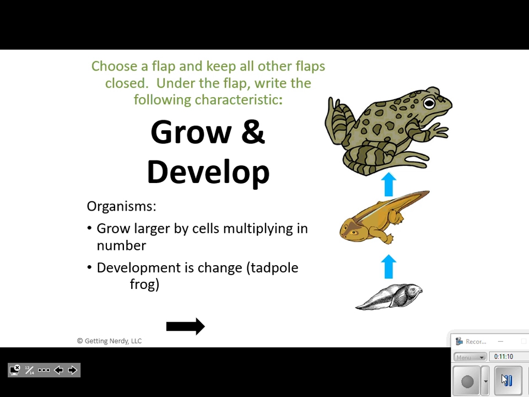Half of the genetic information from our mother, half from our father. They combine to form this zygote, this one cell, and we grow and develop into a multicellular organism from that one cell. So, another characteristic of life is growing and developing.